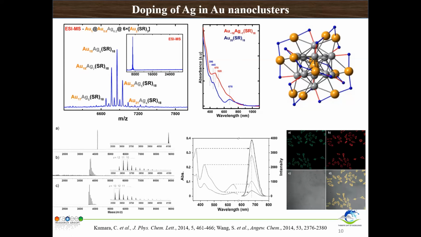Surprisingly, the luminescence intensity was enhanced 200-fold upon doping of the 12 silver atoms. And this enhanced red luminescent cluster was further used in bioimaging.